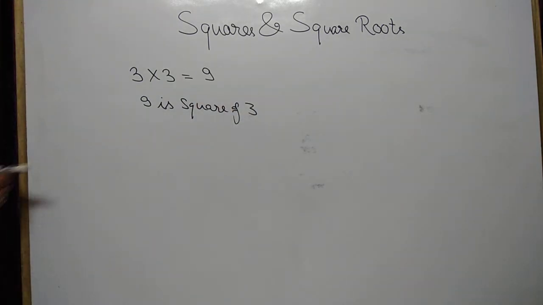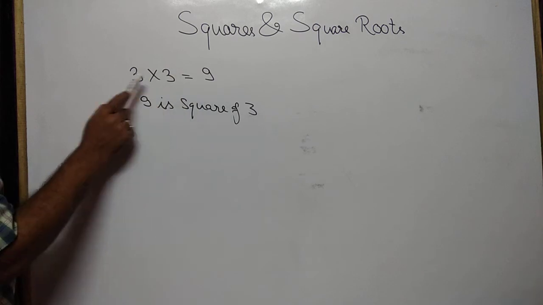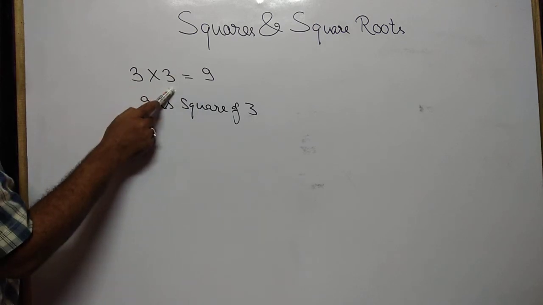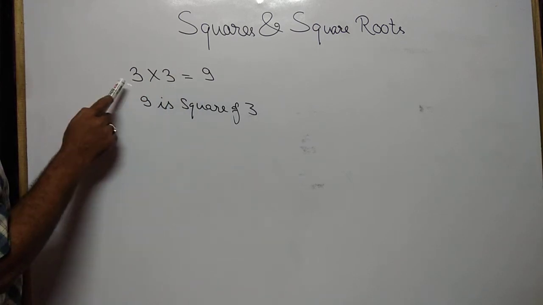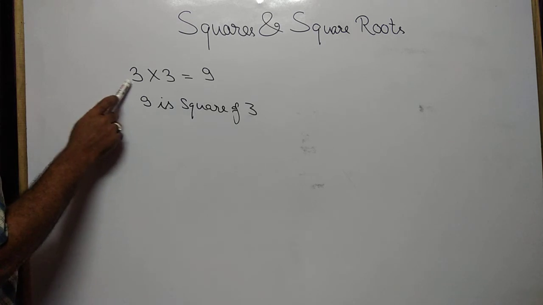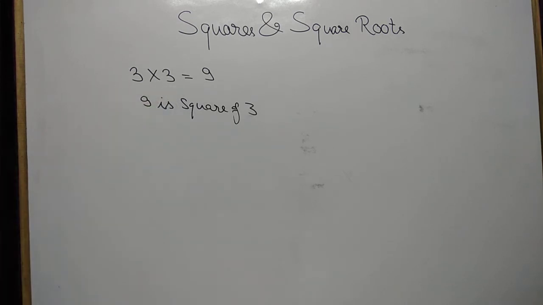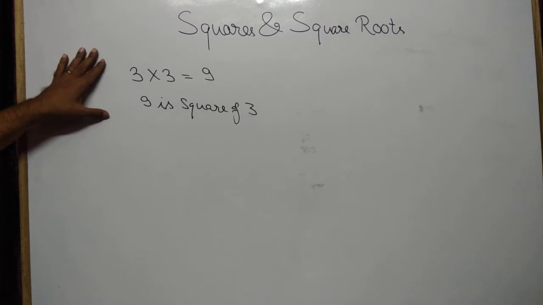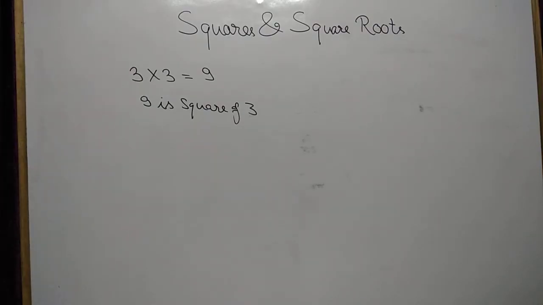So 9, obtained by multiplying 3 with 3, is the square of the multiplied number. This is the concept of square. Hope this concept is clear to you.